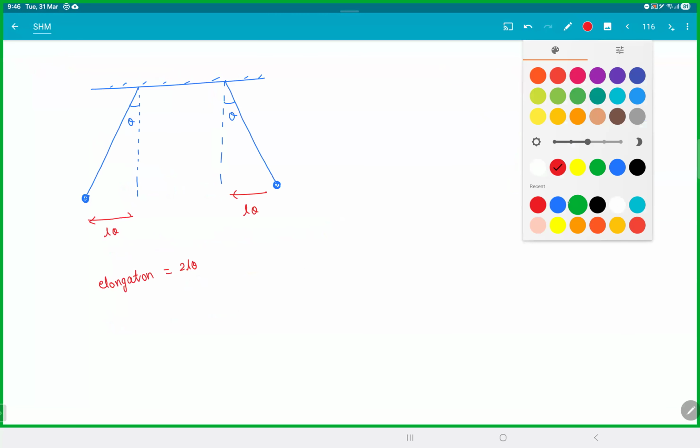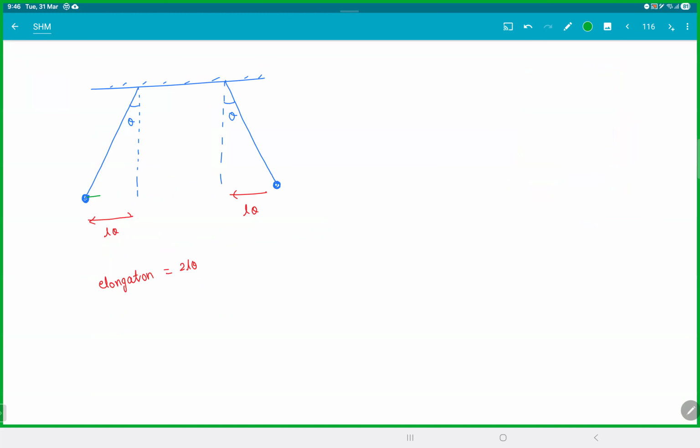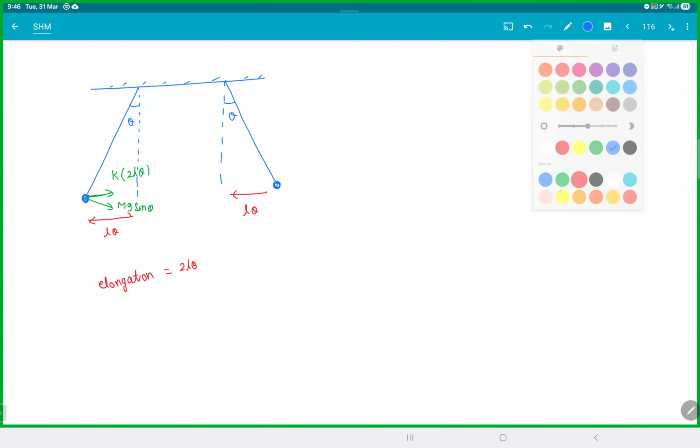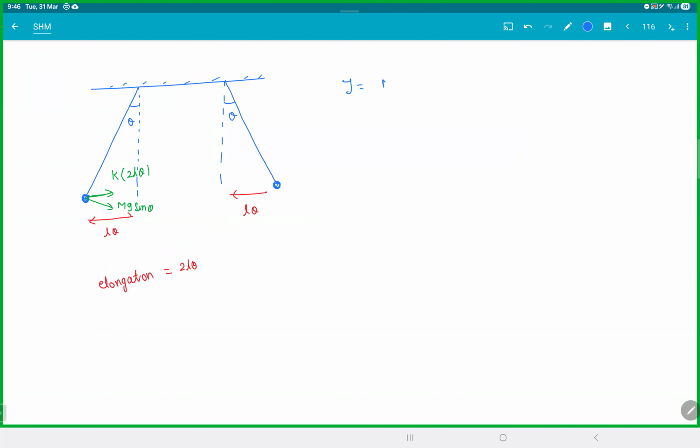So, what are the restoring forces here? The spring force will be K into 2L theta. This would be your mg sin theta. So the torque will be mg sin theta into L plus K into 2L theta, perpendicular distance L cos theta, is equal to minus I alpha.